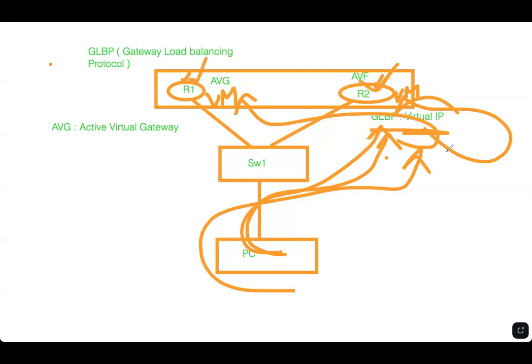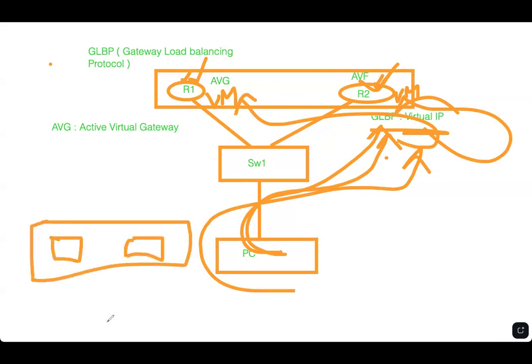If you take off these terminologies, think about it like this: if you have two devices and you want to go to some destination, you will be pointing to the group name.